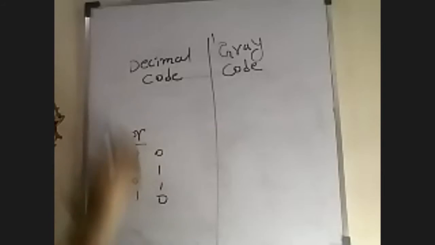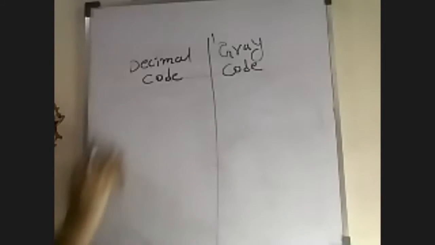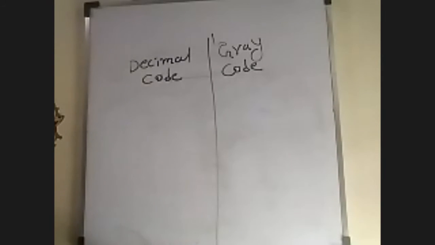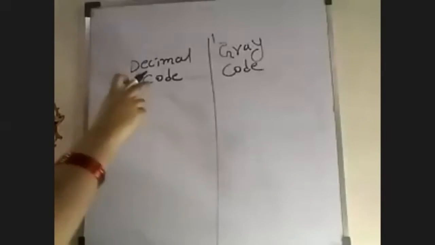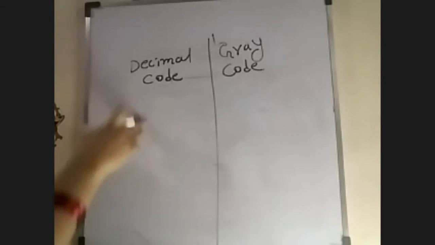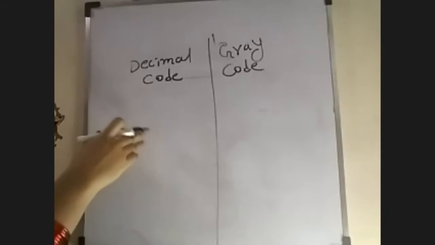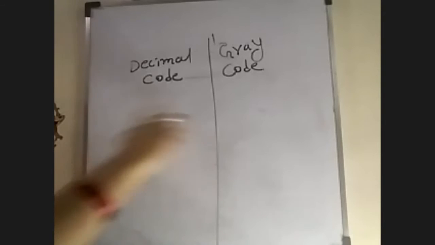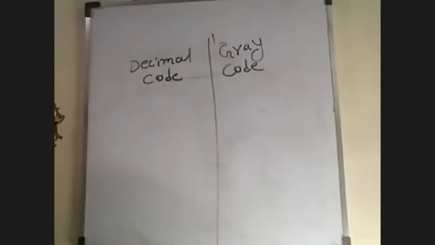Here we can write the decimal code values from 0 to 15. How do you write the equivalent gray code representation?